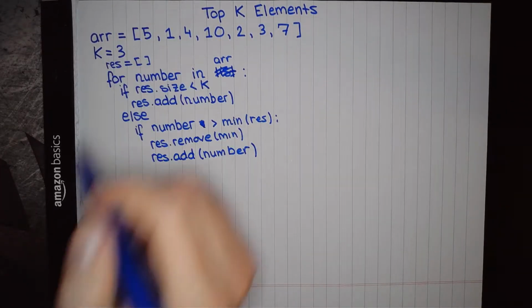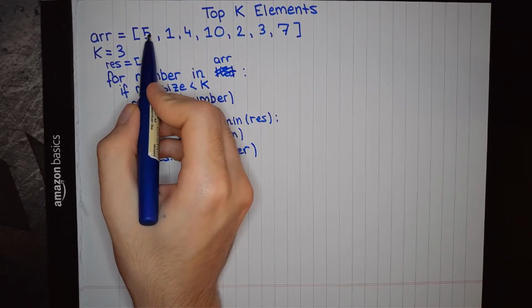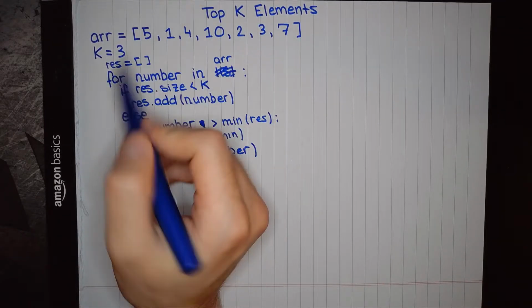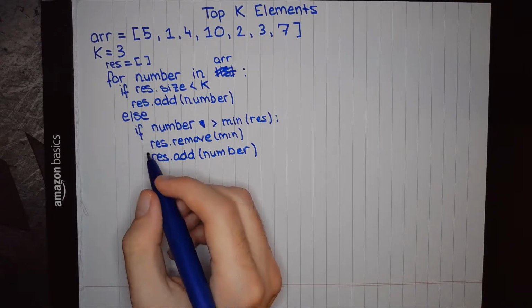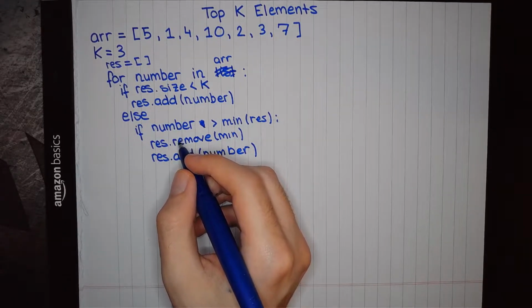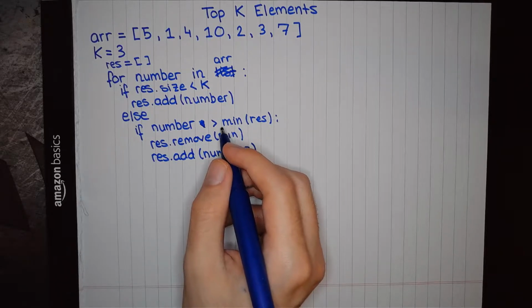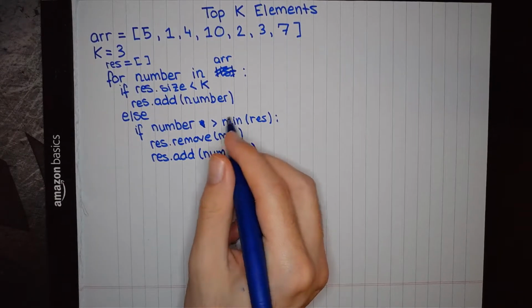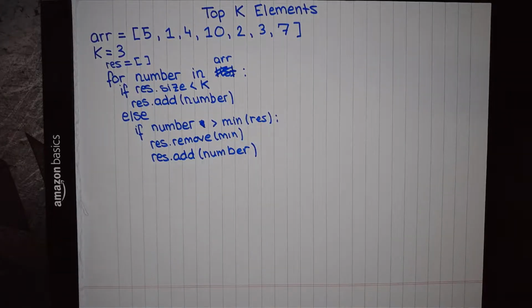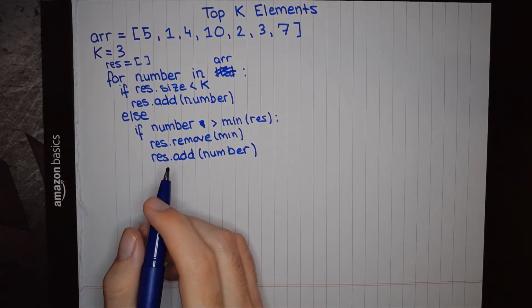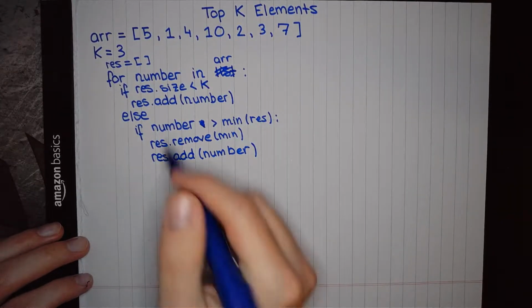So in the case of k equals 3, we would go for 5, 1, and 4, and just add them to the list. Otherwise, if the number is greater than the minimum that's in that list, replace the minimum with that number. This might be really confusing just looking at it right now, but let's run through an example.